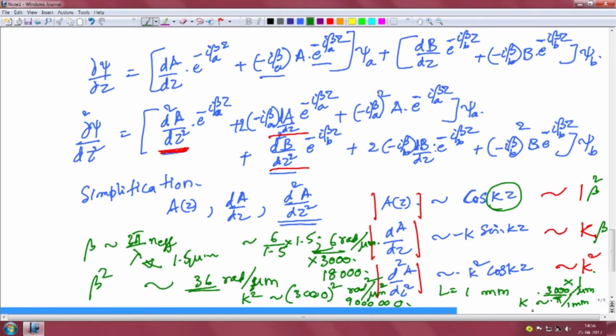Now we can guess what the typical values involved are, and we can say that these second derivatives are very slow and can be neglected. All this argument of typical calculation is to assess that the second derivatives could be neglected if the coupling is very slow.